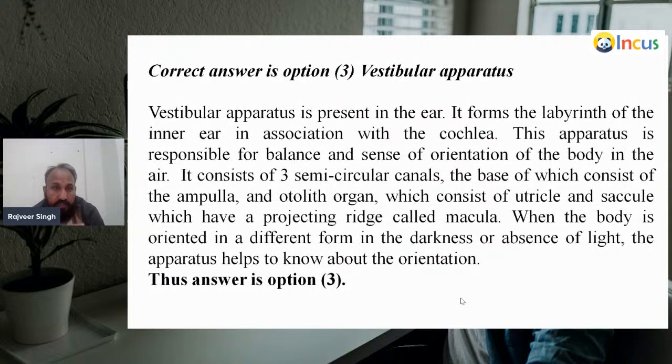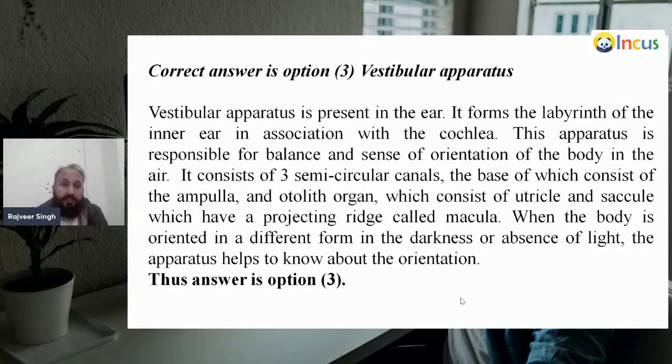The vestibular apparatus is present in the ear. It forms the labyrinth of the inner ear in association with the cochlea. This apparatus is responsible for balance and sense of orientation of the body in the air.